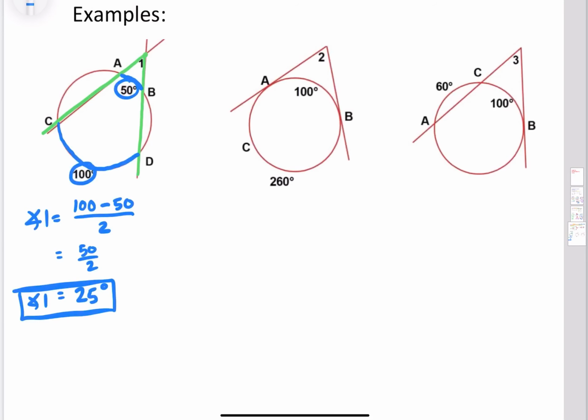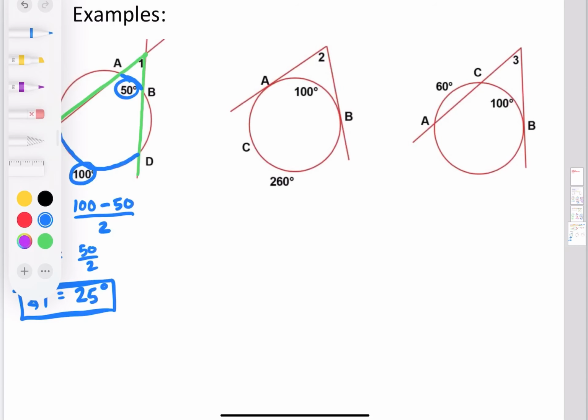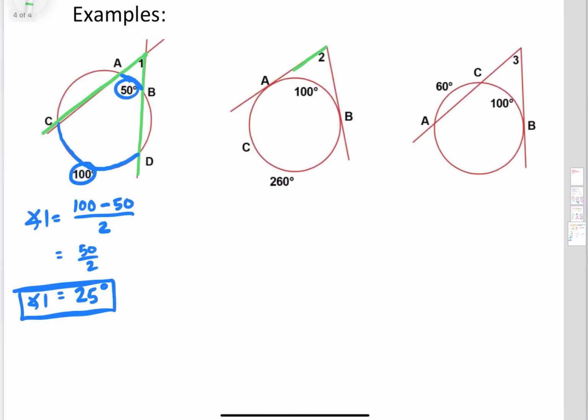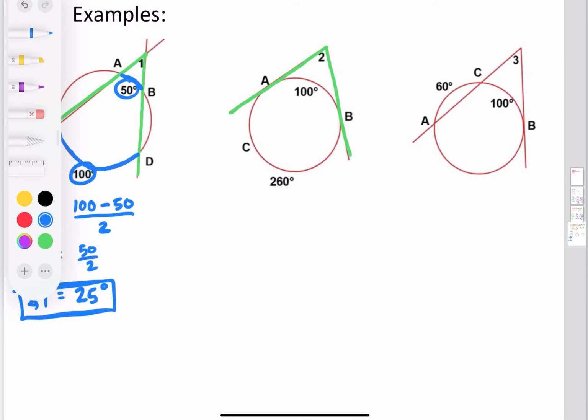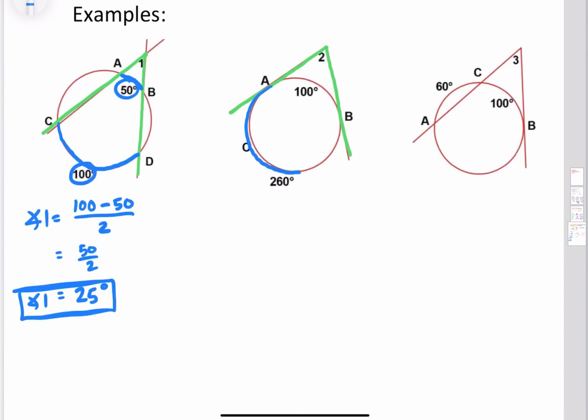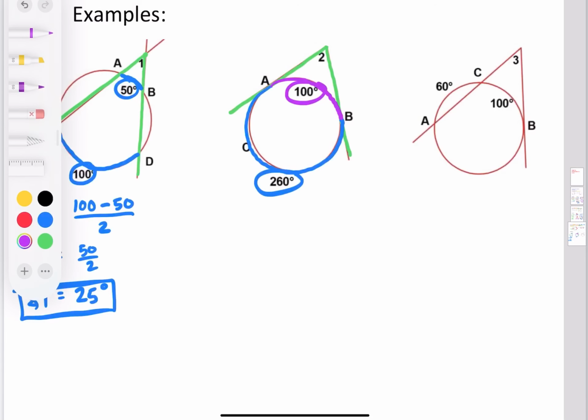So here we got angle 2, and this time angle 2 is being created by two tangents. Okay, and the intercepted arcs is pretty much the entire circle. So we have the first one, the larger one, which is 260. And then we have the smaller arc, which is the rest of the circle, and that's going to be 100. So we're just going to subtract those two and divide it by 2.